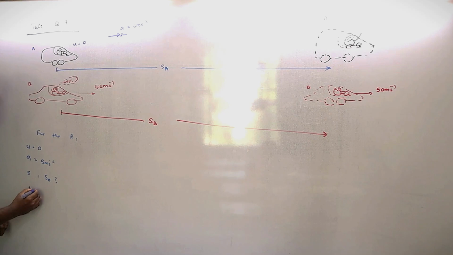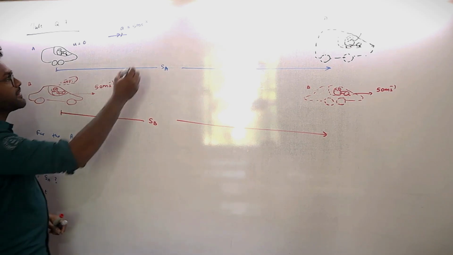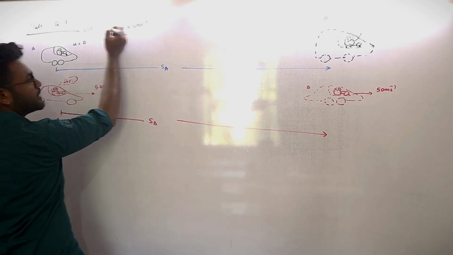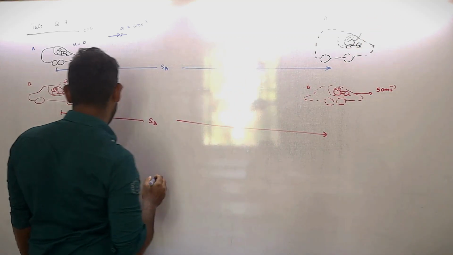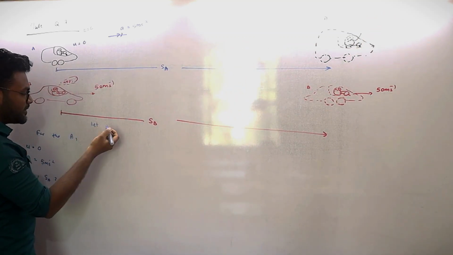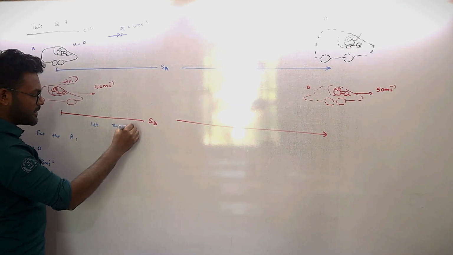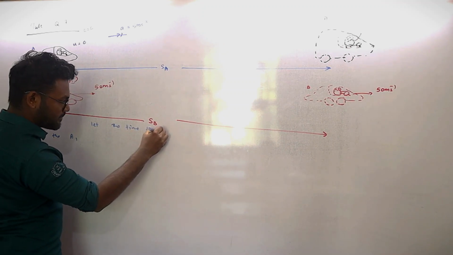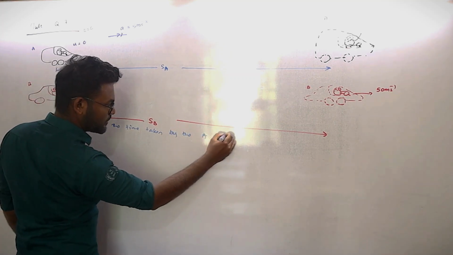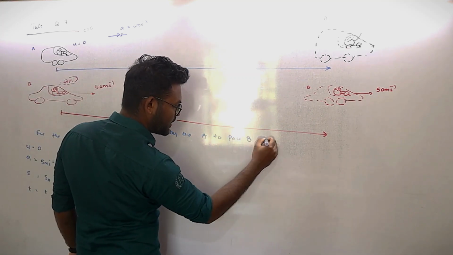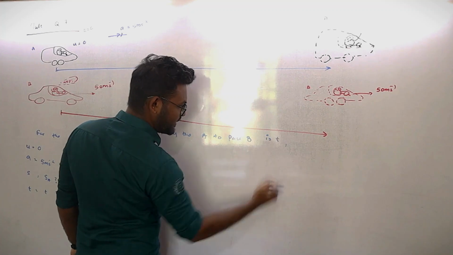Yeah, let's take the time here to be t. So here t equals 0 and here t equals t. Right? So we can write even a statement: let the time taken by the A to pass B be t.